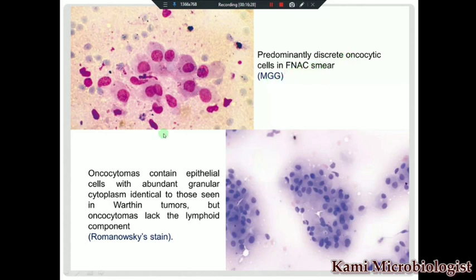This is the MGG staining technique, which is again a Romanowsky stain, showing oncocytomas that contain epithelial cells with abundant granular cytoplasm identical to those seen in Warthin tumors, but oncocytomas lack the lymphoid components.